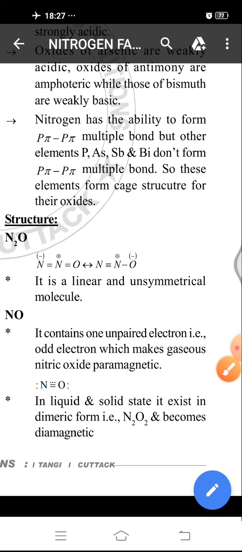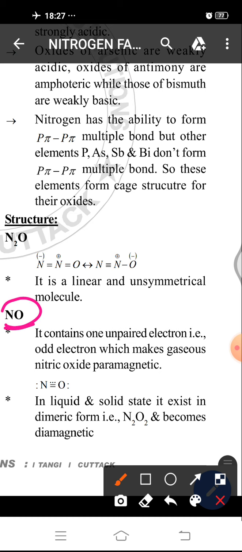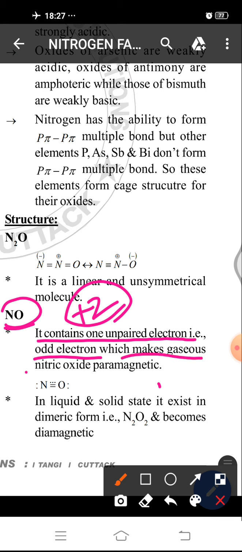Then another oxide, nitric oxide, NO, having oxidation state +2. It contains one unpaired electron, an odd electron, which makes gaseous nitric oxide paramagnetic.